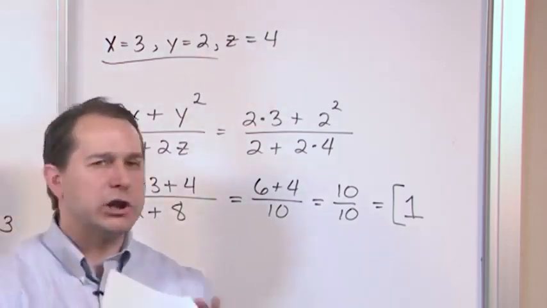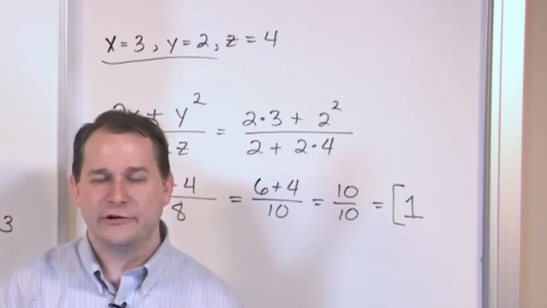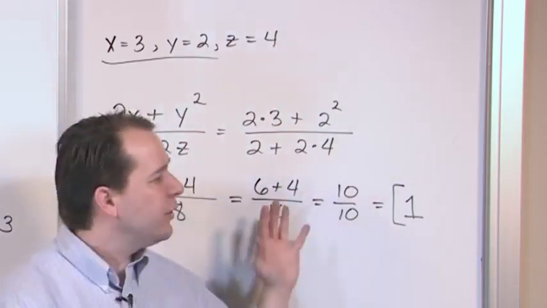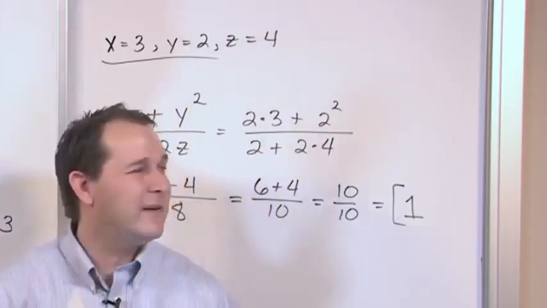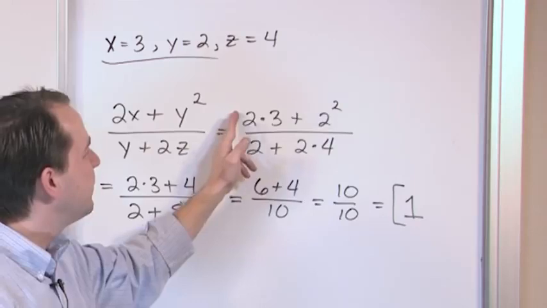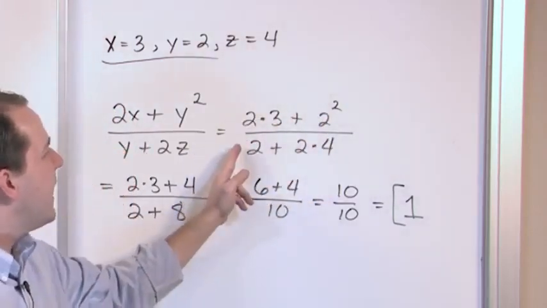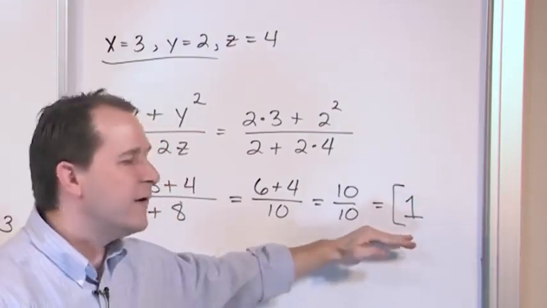When you have a large fraction, that's why we spent so much time on fractions in the last section, to get you really comfortable with that. But when you have large fractions like that, you really need to consider the numerator at the top to have implied parentheses. You must simplify everything on the top first and everything on the bottom independently of one another, and then at the end do the division.